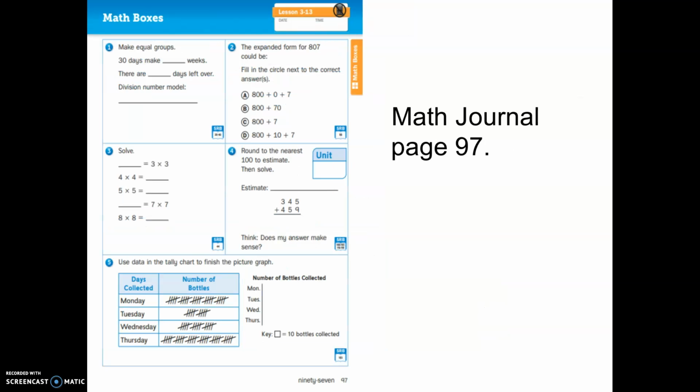You also have math box page 97 to work on. You're going to be making some equal groups, some expanded notation, answering multiplication problems, round, estimate it to the nearest 100, and then solve it for real. You can use some of our strategies and do a picture graph.